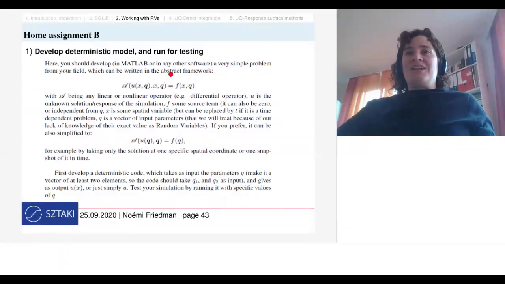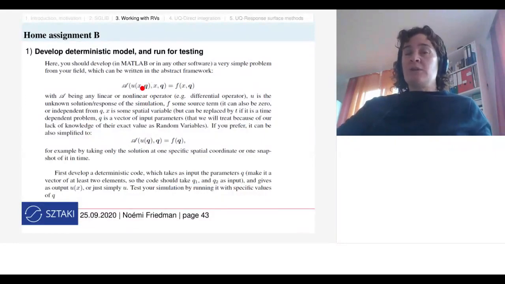And I gave you here another assignment, and you already have this slide. I'm not going to read it, but the idea is that you choose a small finite element model and you choose some parameters of it, Q. You decide how many parameters you want to choose. I would start with something like 2 to practice.